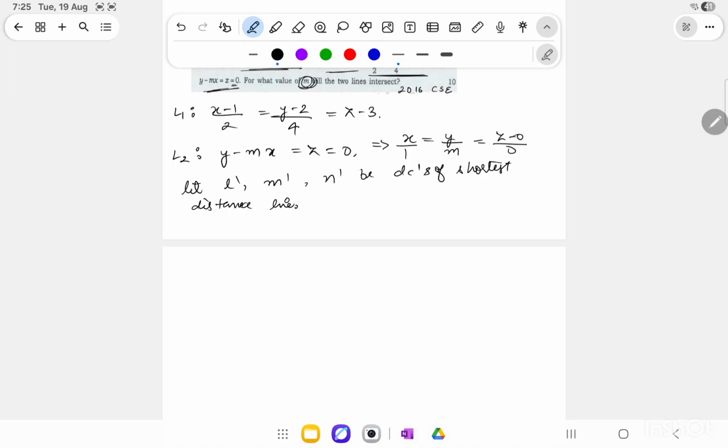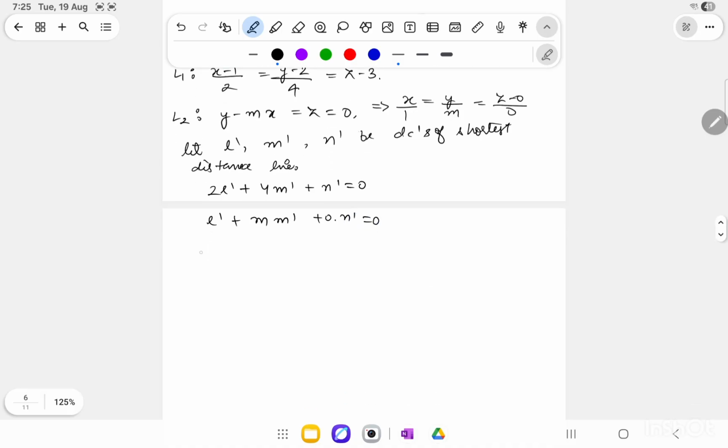So using the perpendicularity result, I'll get 2l dash plus 4m dash plus n dash equals 0 and l dash plus m dash plus 0 n dash equals 0. So I can solve it for l dash, m dash and n dash. Using cross multiplication, we'll get l dash upon minus 1, m dash upon 1, n dash upon 2m minus 4.